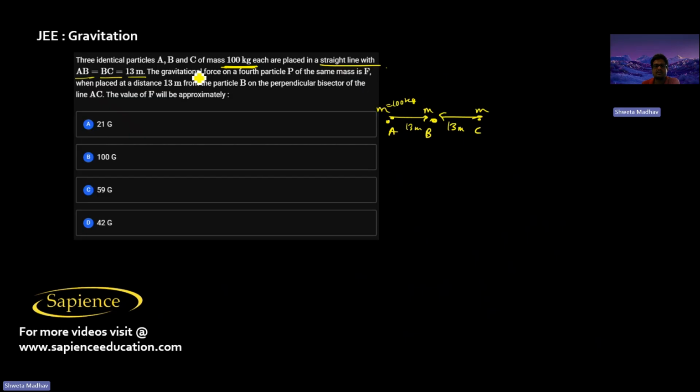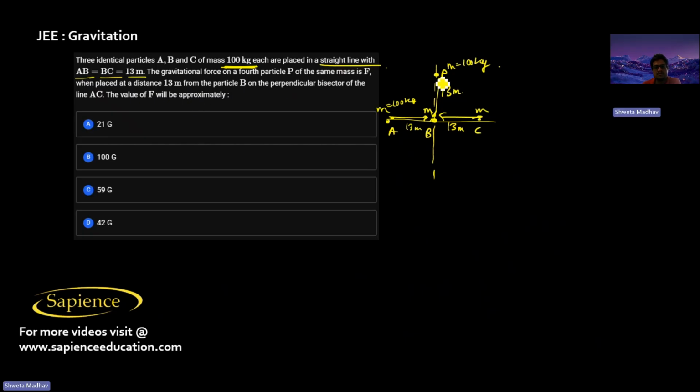The gravitational force on a fourth particle P of the same mass, when placed at a distance 13 meters from the particle B in the perpendicular bisector of the line AC. So here it is placed, the point P, kept at a distance 13 meters from here. The value of F will be approximately.